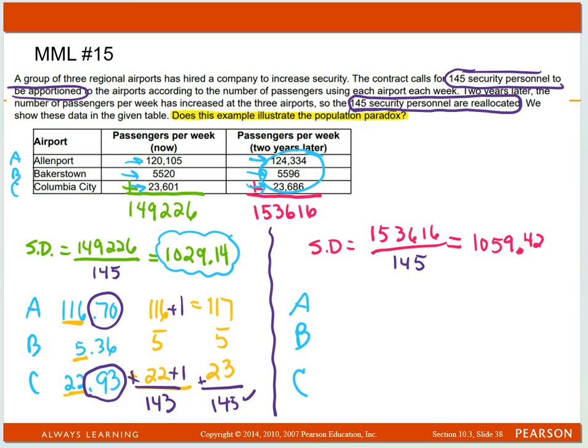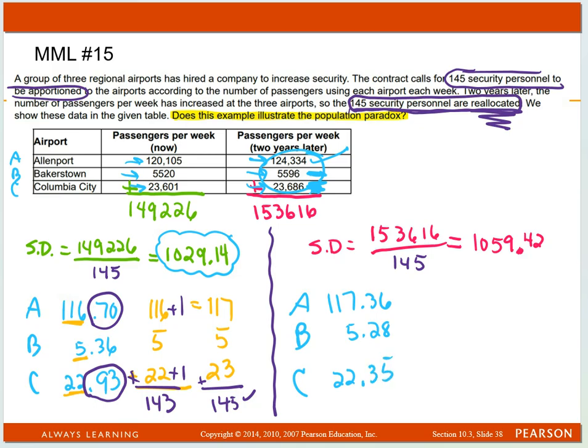It says right here, are reallocated. When I divided the first number by 145, I got 117.36. The second number, 5596, divided by 145, gave 5.28. The last one, C, gave 22.35.